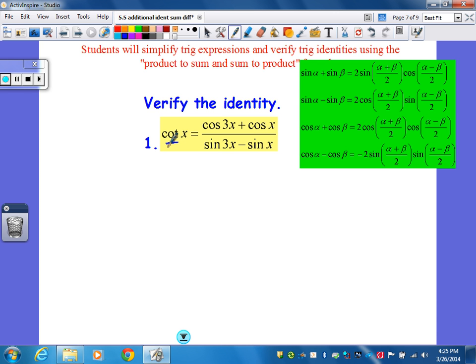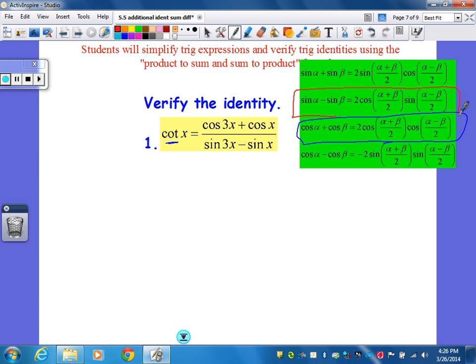So I'm looking and I see cosine 3x plus cosine x. Well, I need a cosine plus a cosine, which is right there. And I also need a sine minus a sine. I'm going to write that in a different color so you can tell the difference. A sine minus a sine, right there.